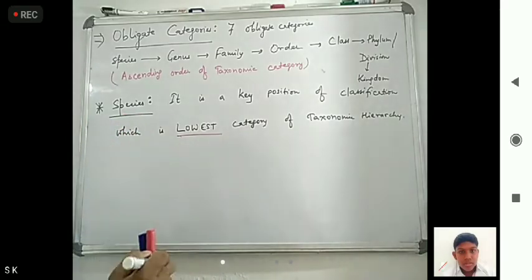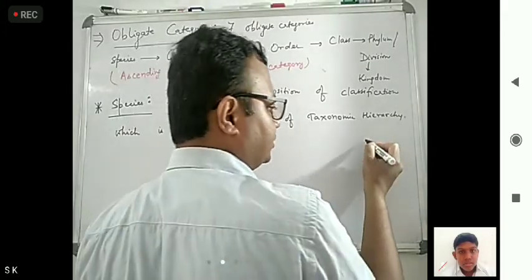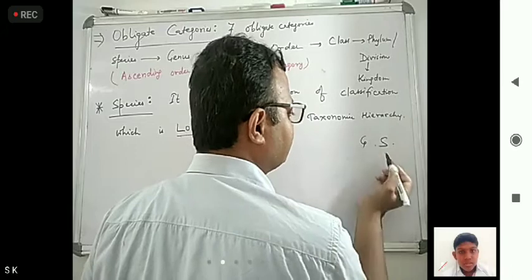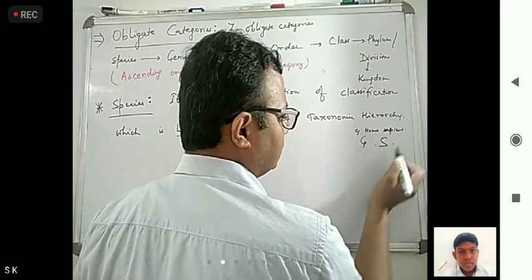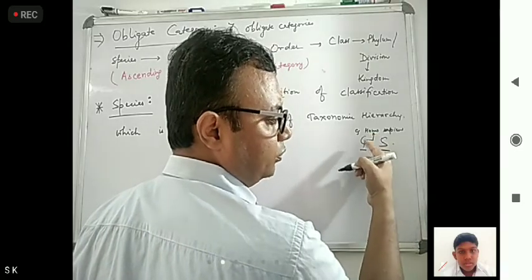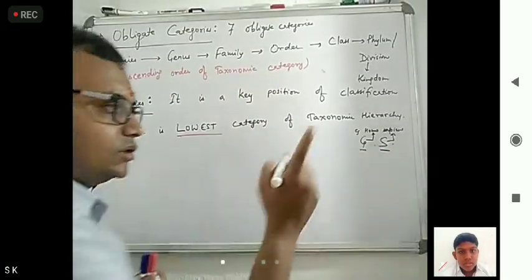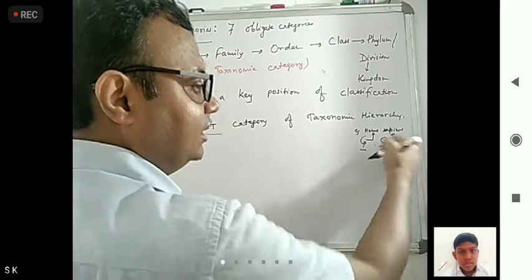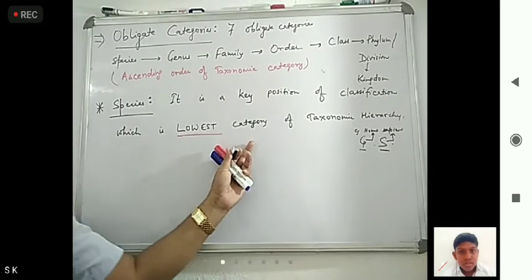If you want to remember, count A to Z: G comes first, then S. So in Homo sapiens, G is genus, so Homo is the genus, and S comes later, so sapiens is the species. Sapiens is the lowest category of taxonomic hierarchy.